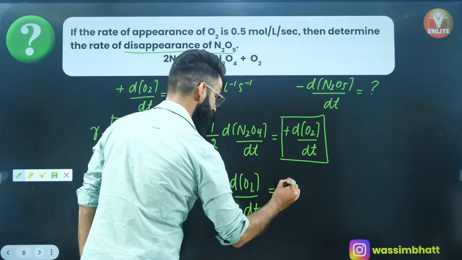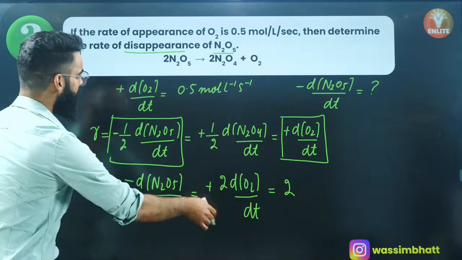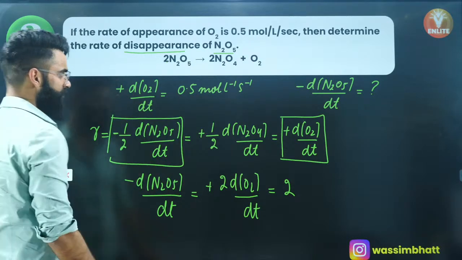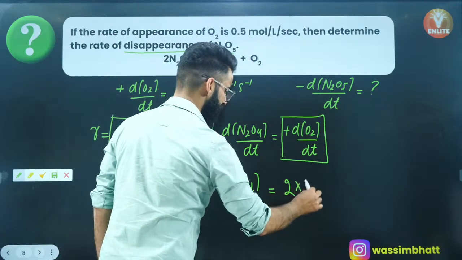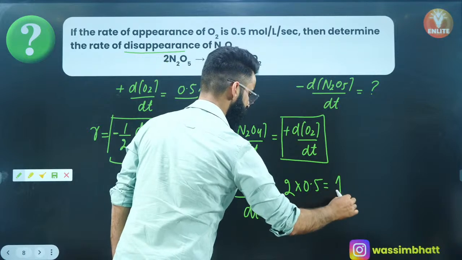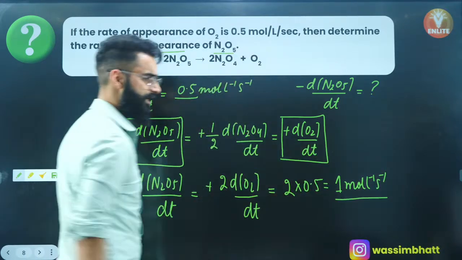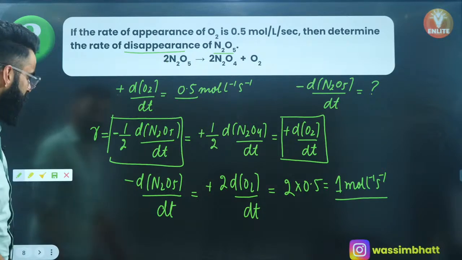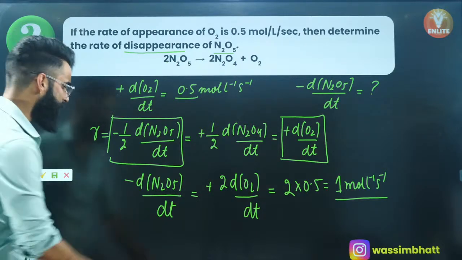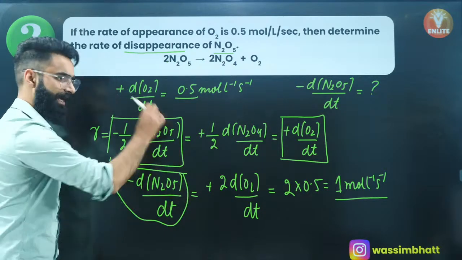That's all, right? So it's 2 times d of O2 divided by dt, which is the rate of appearance of O2. That's given to me as per the question, that is 0.5. So the value comes out to be exactly 1 mole liter inverse second inverse. This is what we call rate of disappearance of N2O5, which I was supposed to calculate, right?